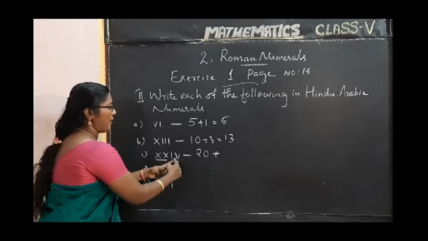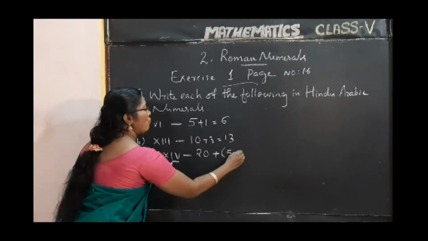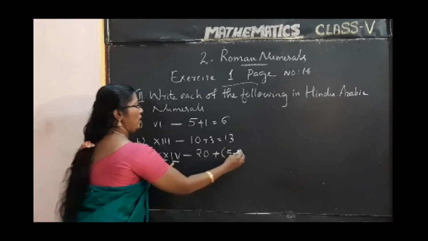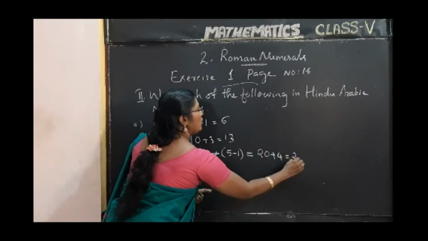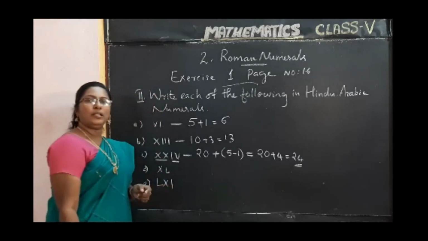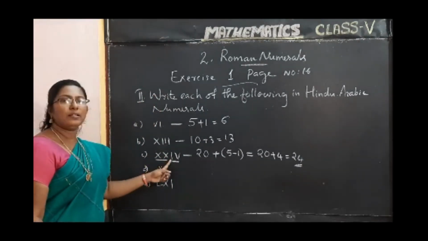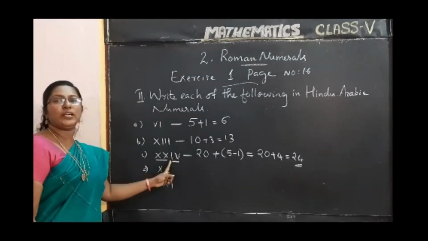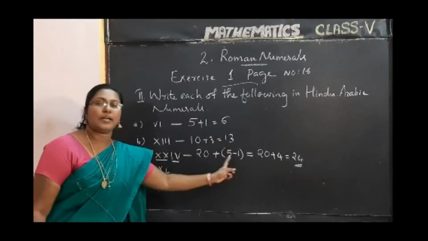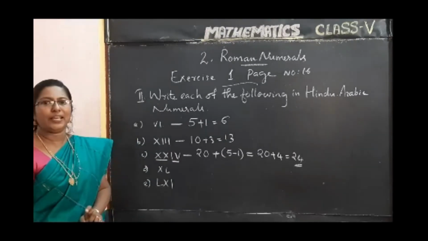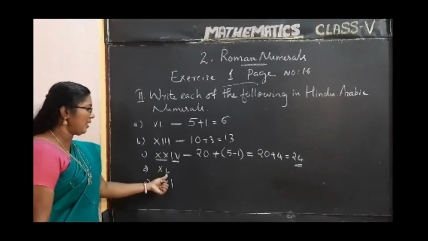Then here 5 minus 1. That is equal to 20 plus 4 equals 24. Here a smaller number is left of the greater number, meaning subtraction.